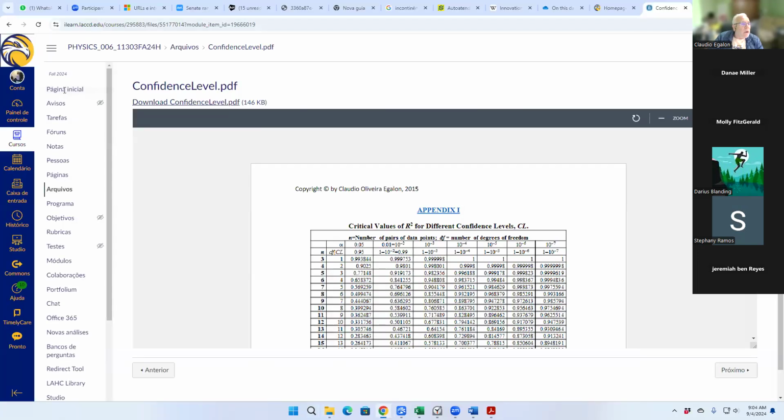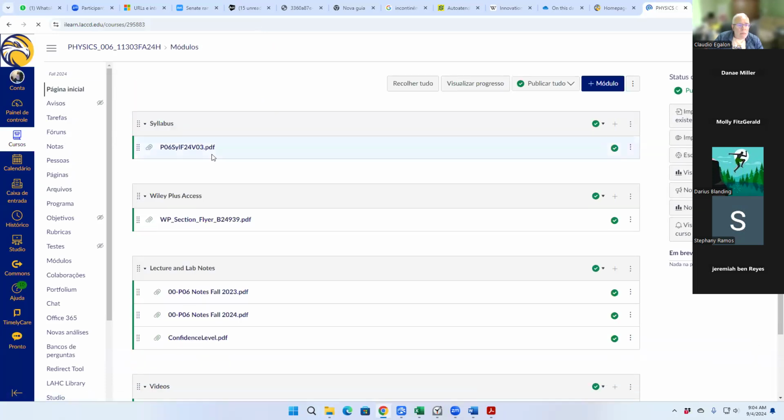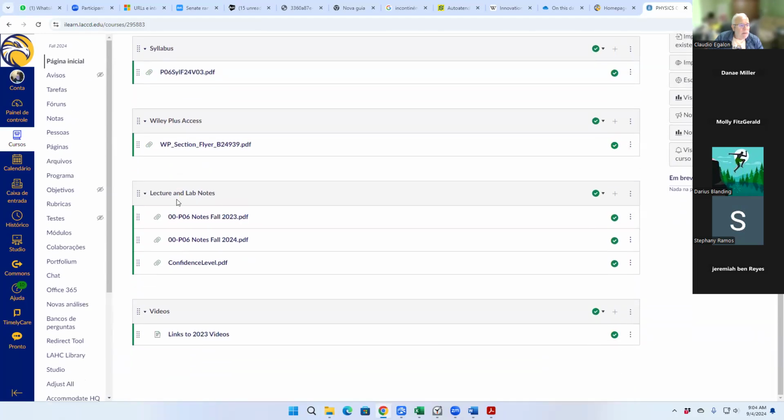okay, so here you go, initial page, right? Click on the initial page. You should be able to see my syllabus, my Wiley Plus, the Wiley Plus Access, lecture and lab notes. It should be at the top here. You know that's in Portuguese, I should figure out how to put that in English, but it should be the very top link on the left side.